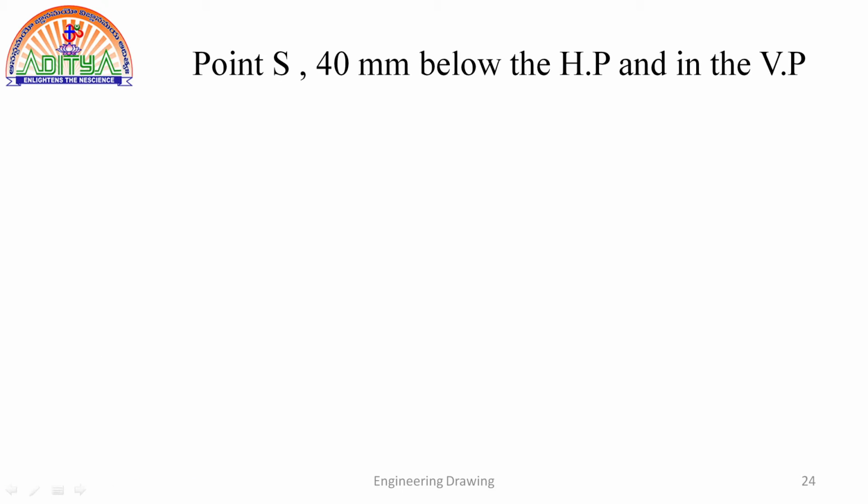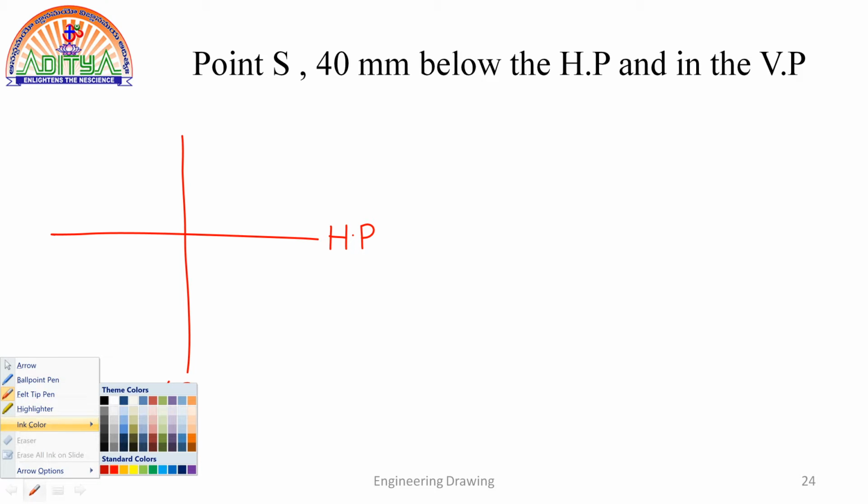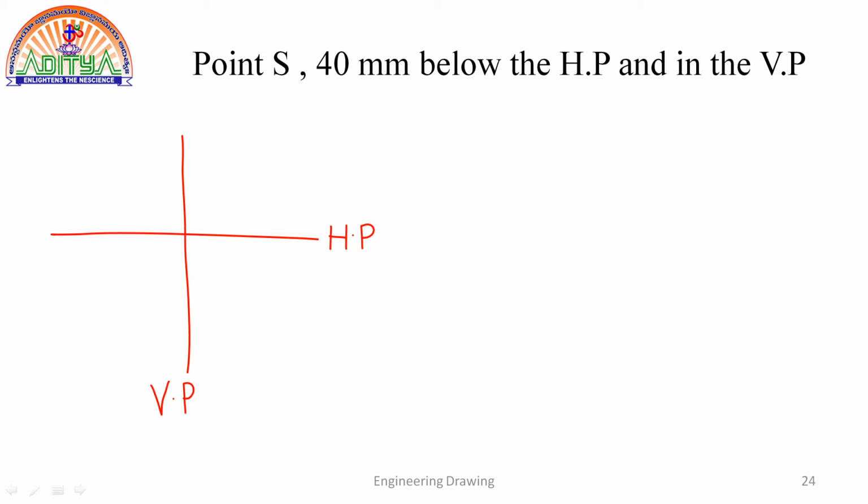So, I am drawing here both the horizontal plane and the vertical plane. HP is the horizontal plane and VP is the vertical plane. Now, with the help of these planes we are going to locate the point S. How? See, it is clearly said that point S is 40 mm below HP and in the VP.